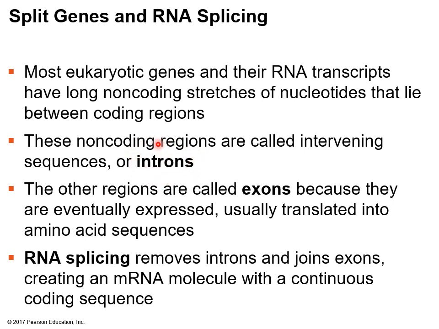After the introns are cut out, the exons are going to be glued together or spliced together. And the exons remain because exons are coding regions, meaning exons code for proteins. The whole process of RNA splicing in RNA processing removes the introns and joins or splices together the exons, creating a mature mRNA with a continuous coding sequence.